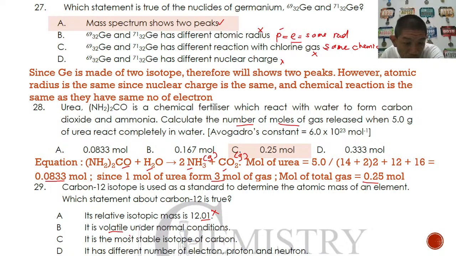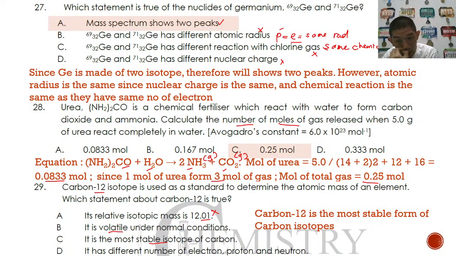It is the most stable form of the isotope, which is true because carbon-12 has the most abundance, so usually it is the most stable. And it has different electron, proton, neutron? Carbon-12 is carbon 6, so you have proton, neutron, electron all equal to 6. So the best answer is C.